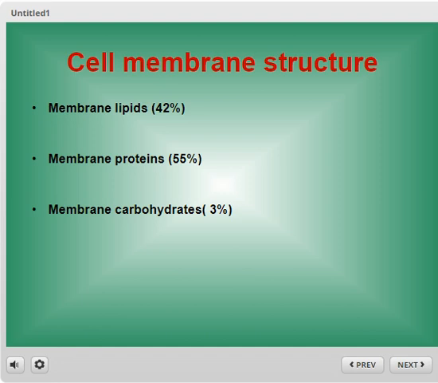The cell membrane has three components: membrane lipids that form 42% of membrane, membrane protein that forms 55% of membrane, and membrane carbohydrates that form 3% of membrane. This percentage is not constant according to cell function and cell type. This percentage can change.